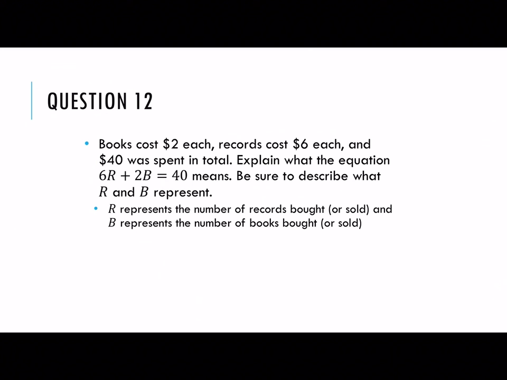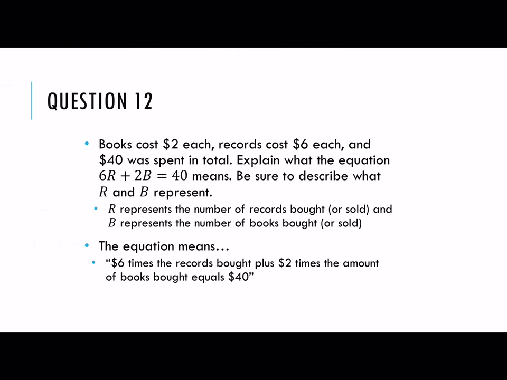So r represents the number of records, and b represents the number of books. The equation means that $6 times the records plus $2 times the number of books equals $40. So it's like a reading of it: the amount of money spent on records and books is $40. So just a little reminder there.